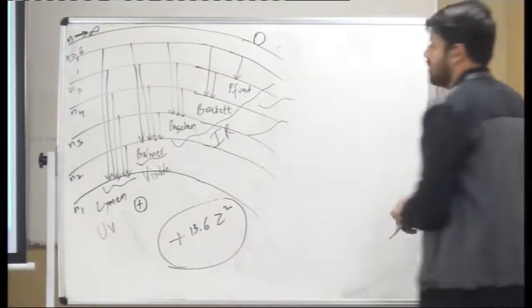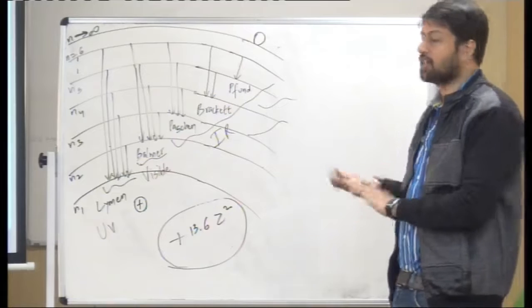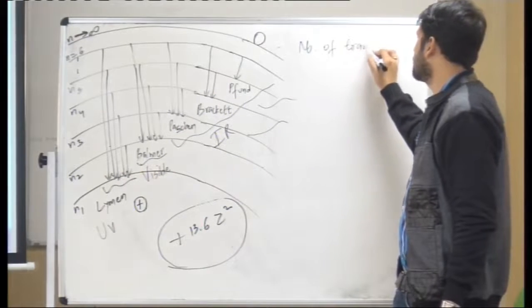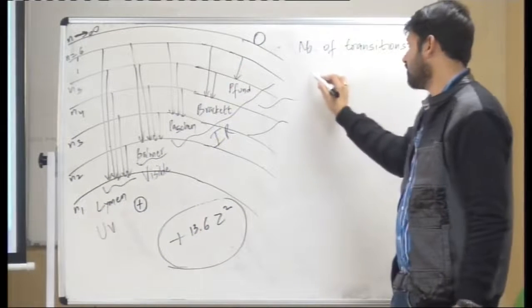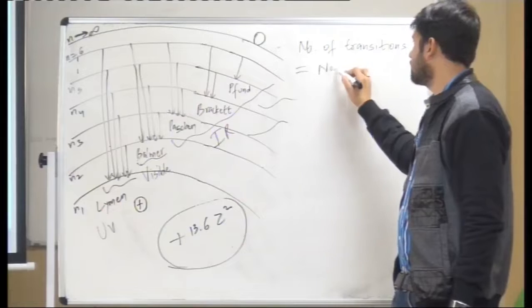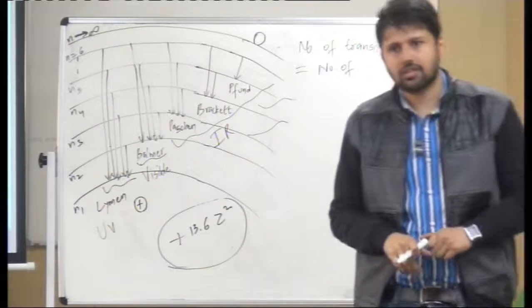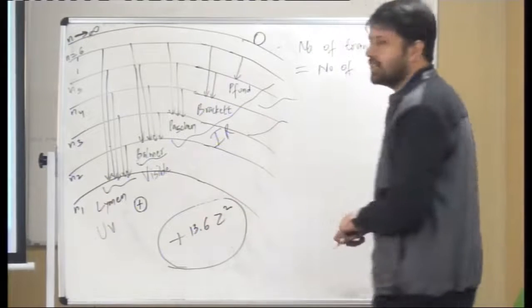Now, last but not the least, the number of transitions, or number of lines, basically, because as many transitions as are possible, that many would be the lines.